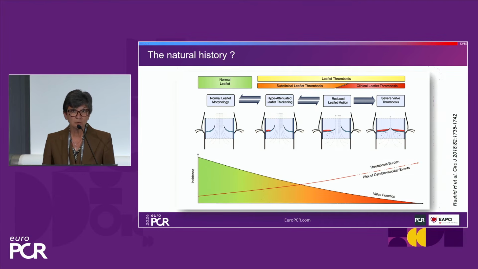It's hypothetical because today we don't know exactly the relationship between the imaging finding and the clinical outcome of patients, because there is a lack of long-term follow-up of patients with a diagnosis of HALT during routine CT scan after TAVR.